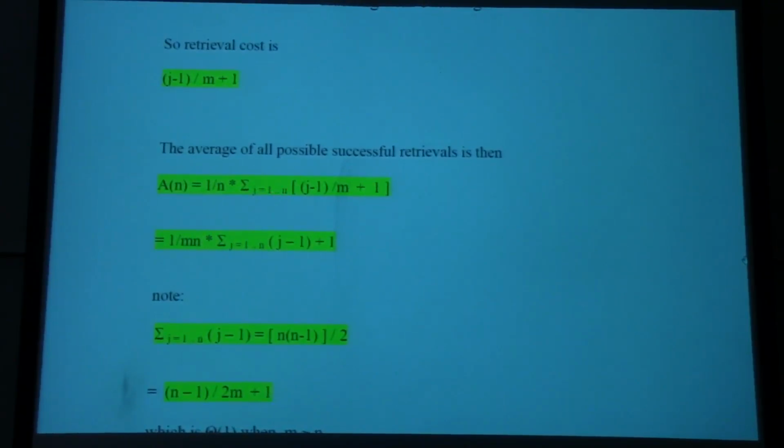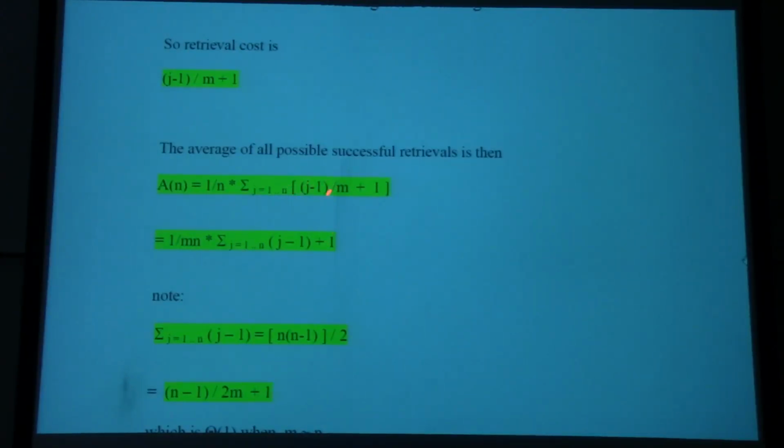Now I'm going to be retrieving every single element: the first element, the second element, the third element, and finally the nth element, and I'm going to multiply by 1 over n to get the average retrieval. So the jth retrieval is the jth retrieval across all n possibilities, and that's why we're summing from 1 to n.